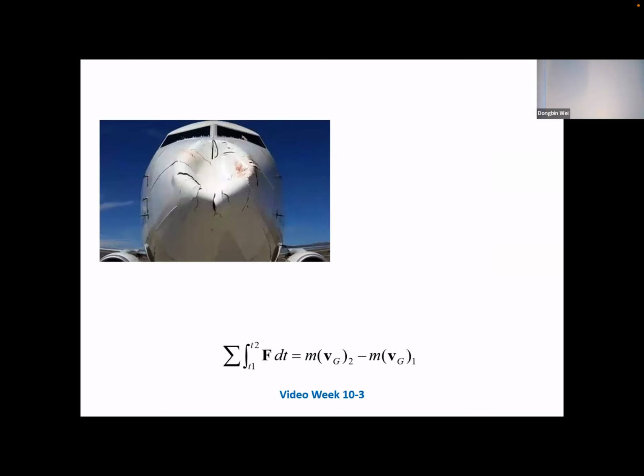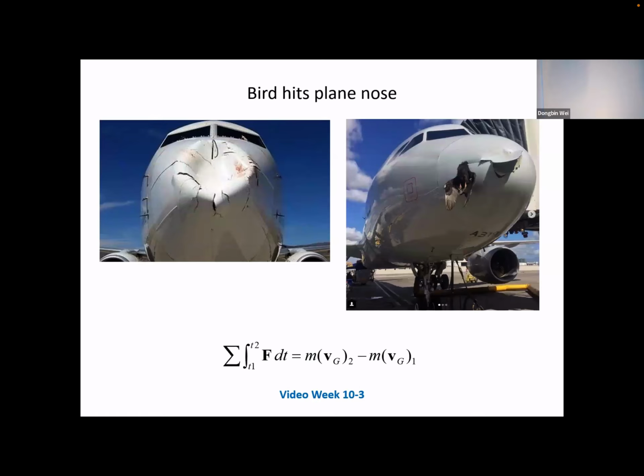And here, to calculate the effect of the impact by a bird on a plane, you also can use this equation. So here you can see, of course, the mass of a bird is quite small compared to the mass of an airplane.